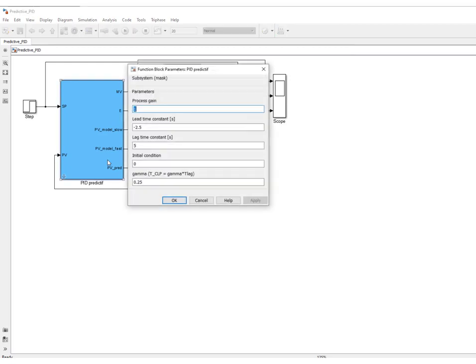Let us have a look in the faceplate. As is usual for that type of controller, we have to give in the process parameters, right, the model parameters. And here for the tuning of the PI controller, we need to give in the closed loop desired time constant, and it's going to be set as gamma 0.25 here times the open loop lag time constant, right?